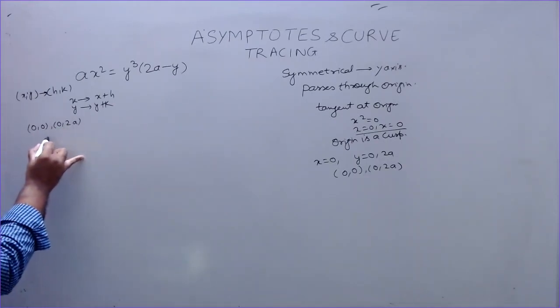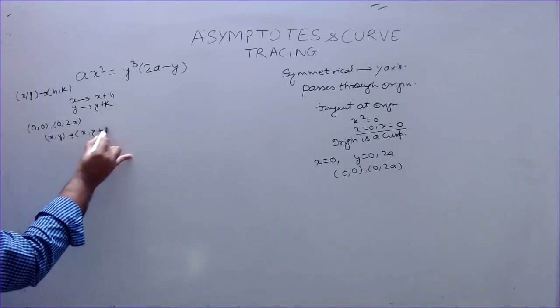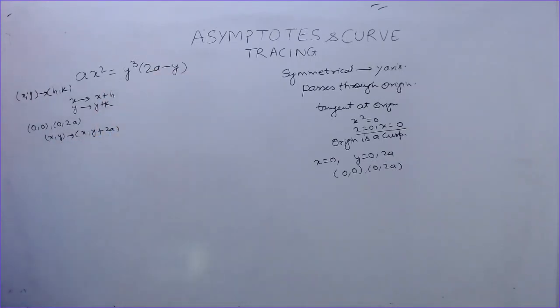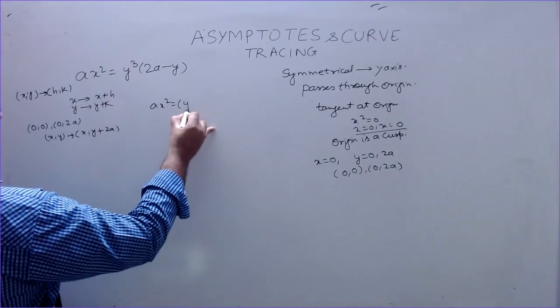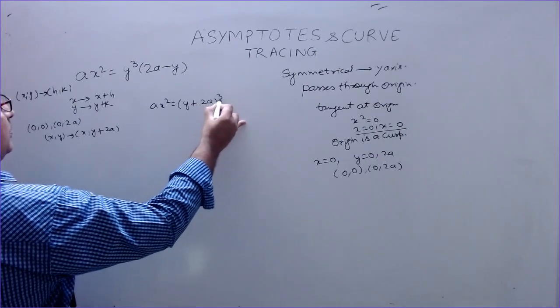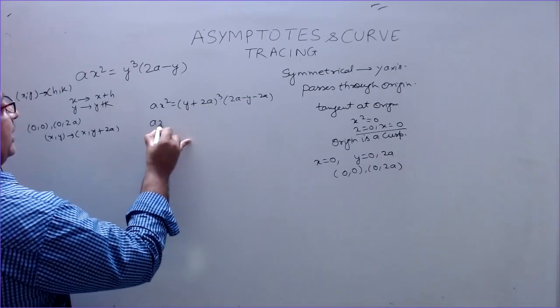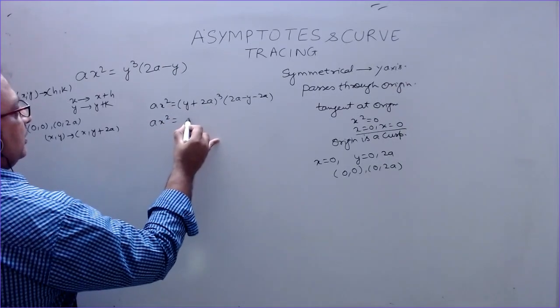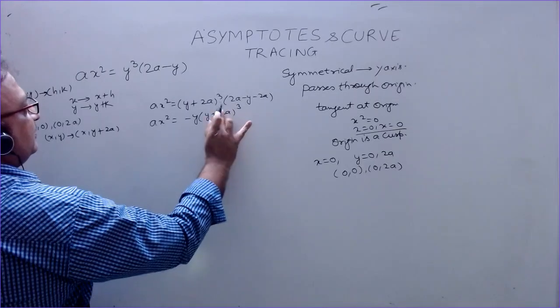So x, y will become x and y plus 2a in this equation. So a square x square equal to (y plus 2a) cube into (2a minus y minus 2a), or a square x square is minus y into (y plus 2a) to the power 3.